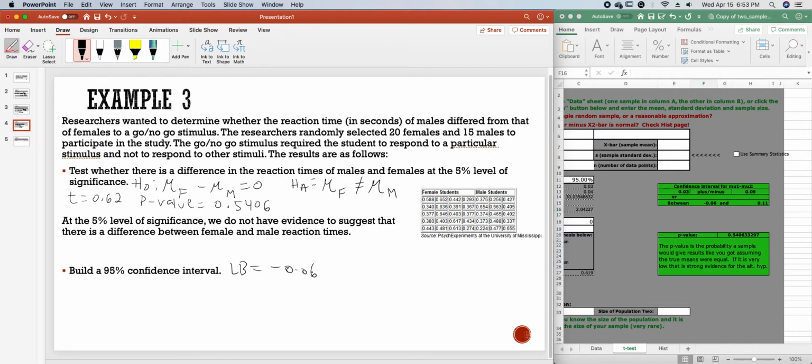The fact that this is negative means that the male mean is greater than the female mean, and the upper bound is 0.11, and that one means that the female mean is greater than the male mean. This just means then it is certainly possible for 0 to be between, since 0 is between these two numbers, it's very well possible the means are indeed 0.